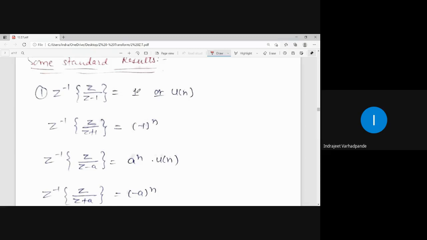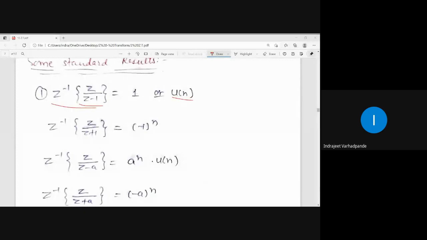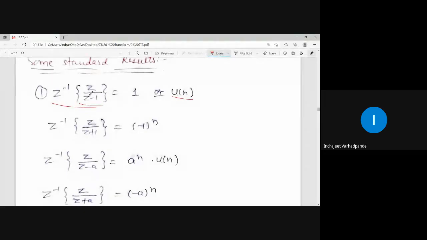Z transform of one or the discrete unit step function is Z upon Z minus 1. So here Z inverse of Z upon Z minus 1 is obtained as 1 or u of n. Z inverse of Z upon Z plus 1 will be minus 1 to the power n times u of n.